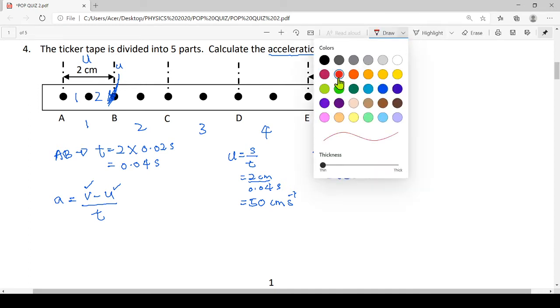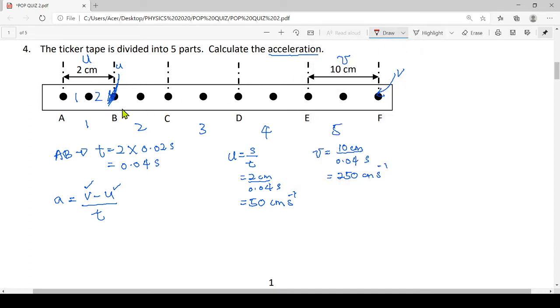I will use red. So here is 1, 2, 3, 4, 5, 6, 7, 8. So the time is 8 times 0.02 second. So you will end up with 0.16 second. So that is the time.